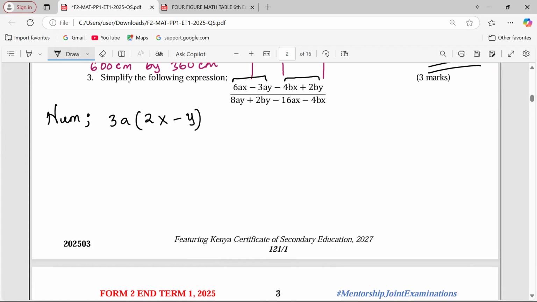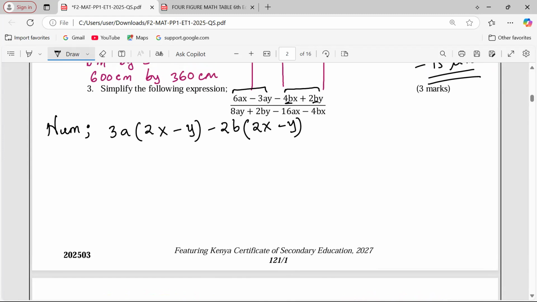I see 2b is common. 2b is both in the first term and also in the second, so negative 2b is common, so that in the brackets we remain with 2x minus y. So now to finish up with the factorization in the numerator, we can pick the common term inside the brackets, 2x minus y. Then outside the brackets, we have 3a minus 2b. So the numerator is fully factorized.